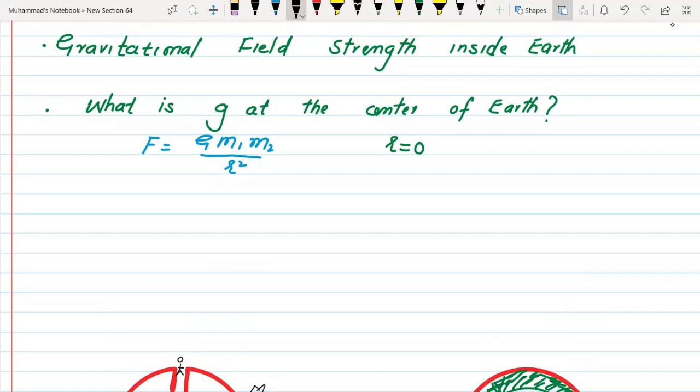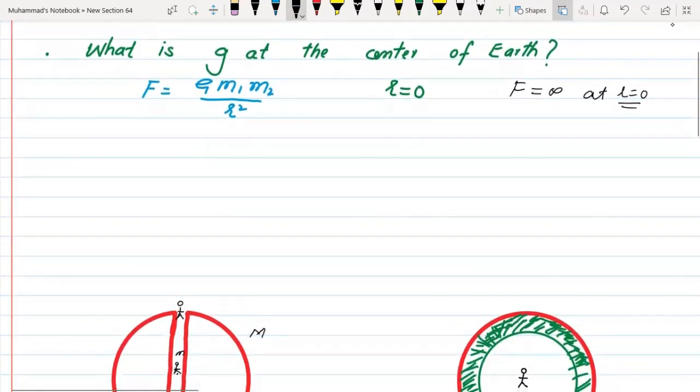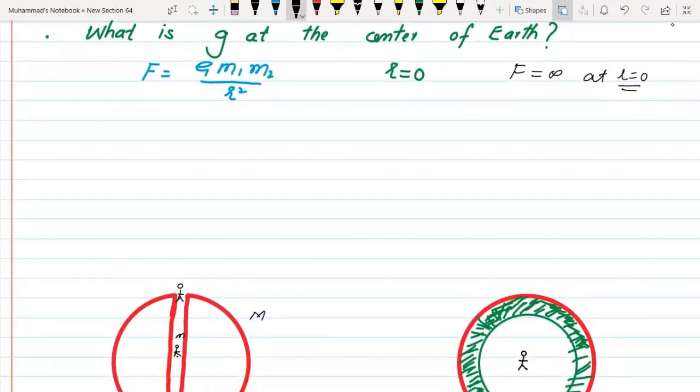So we have to understand that this is not the case. According to this relationship, force is infinity at r equal to 0. So I will explain how this relationship is valid inside the surface of the planet.